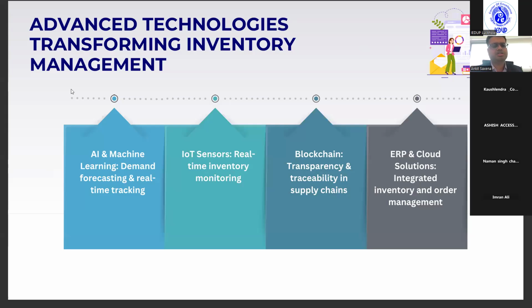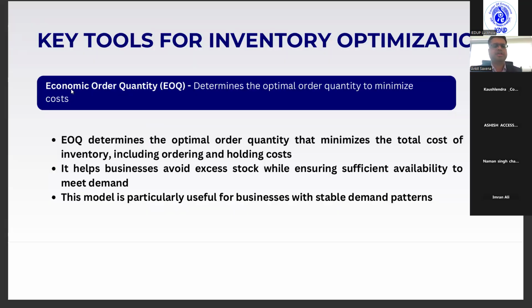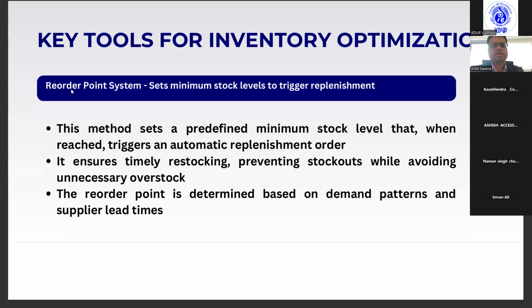There are technologies where you try to accurately forecast the demand which you will have for a certain product, and based on that you can optimize your inventory. There are robots, there are equipments, there are sensors which have been developed which help in maintaining the economic order quantity at all points of time, and they also help with the reorder point system.